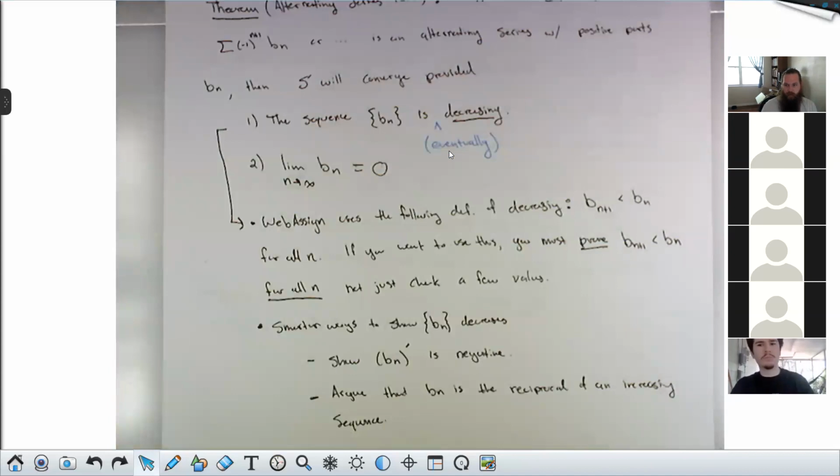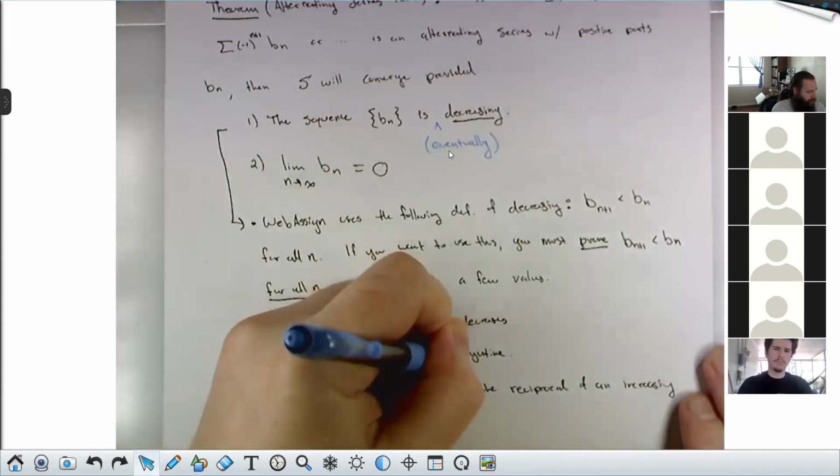Because remember, the tail is what determines convergence. I don't care what the first finitely many terms of any series do. The first 10 billion terms may not be decreasing, but if from 10 billion on, the sequence Bn is decreasing, then we're good. So of course, down here, you can inject eventually as well, right?